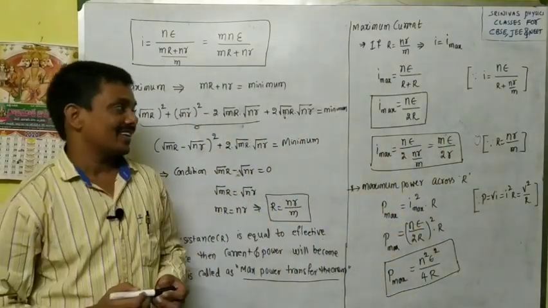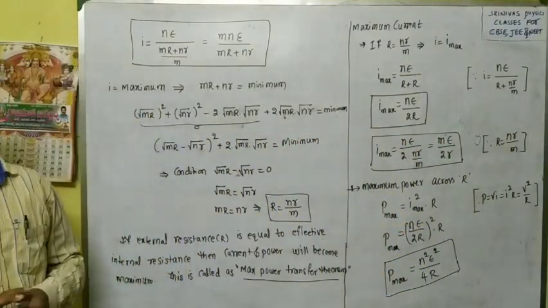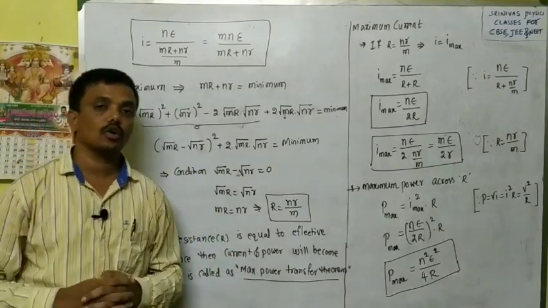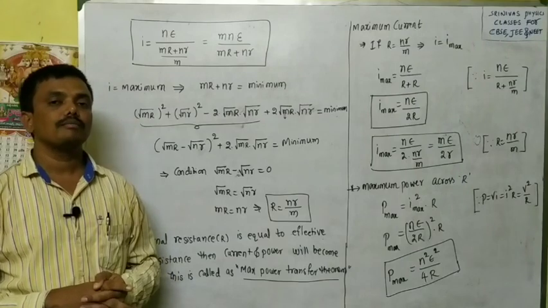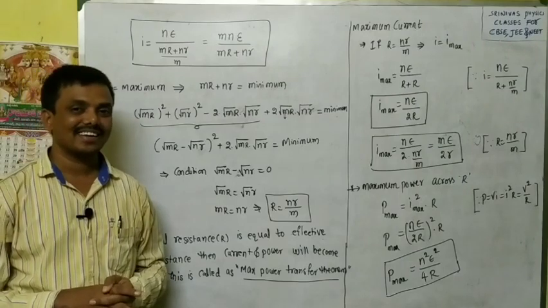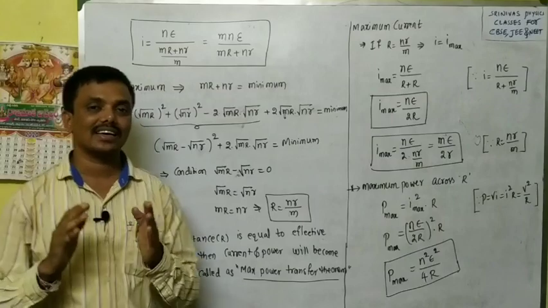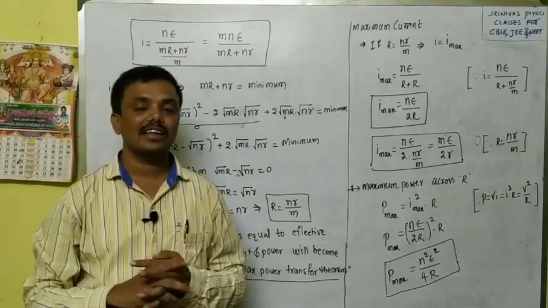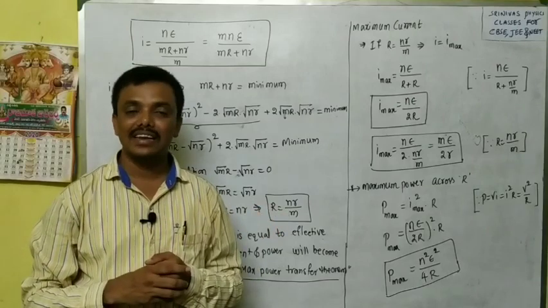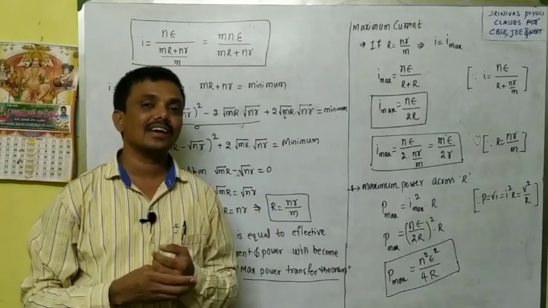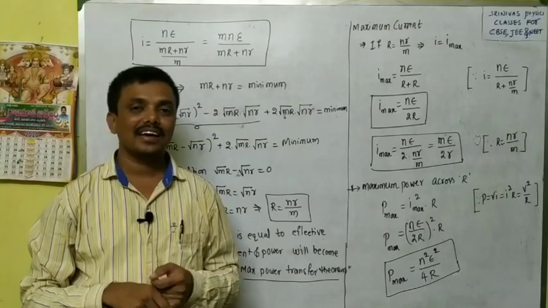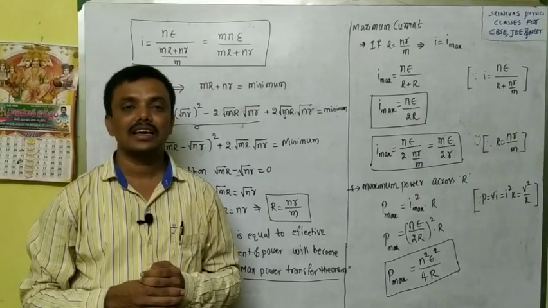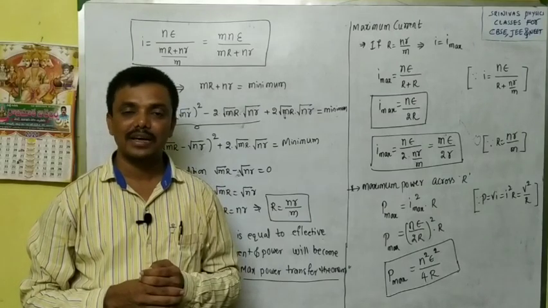With this, our topic, mixed combination of cells, is completed. In a mixed group of cells, if n identical cells are connected in one row and such m rows are connected in parallel, then the effective EMF is nE and the effective internal resistance is nr by m. Current is effective EMF by effective resistance, nE by capital R plus nr by m.